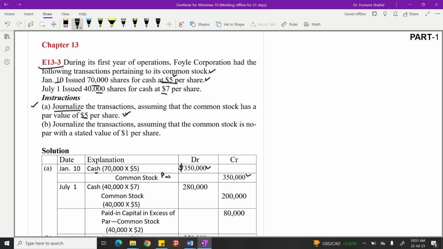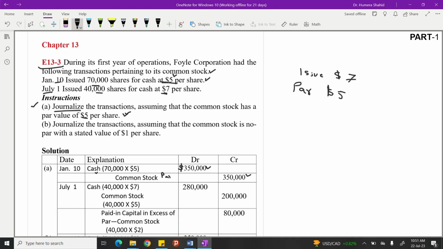Moving on towards the second transaction in part A, that is July 1st, it issued 40,000 shares and $7 was the per share price. So it means the issue price is $7, but the par value is $5.